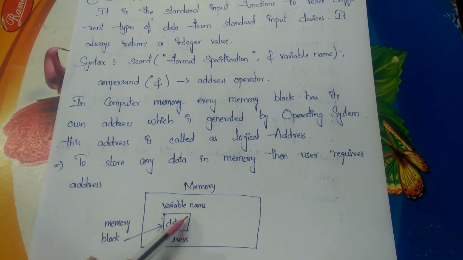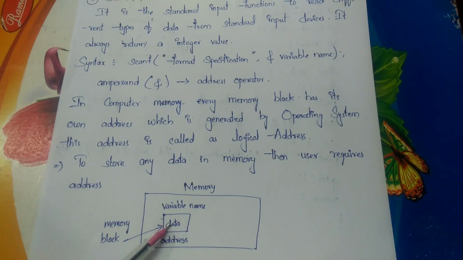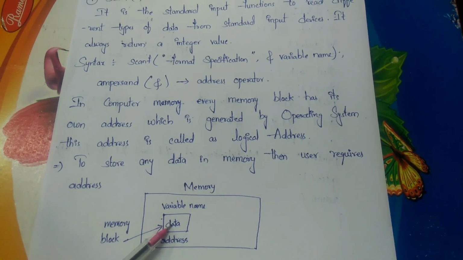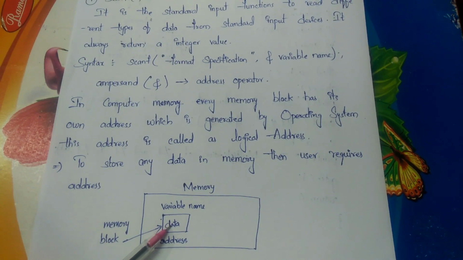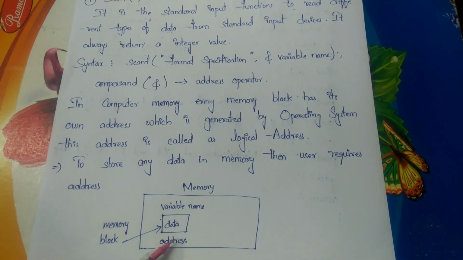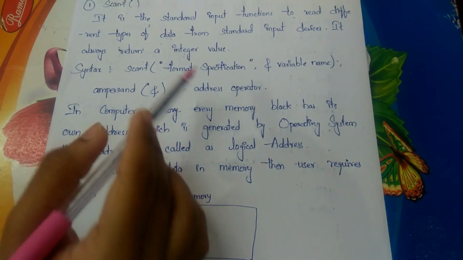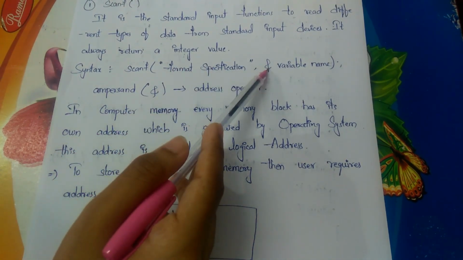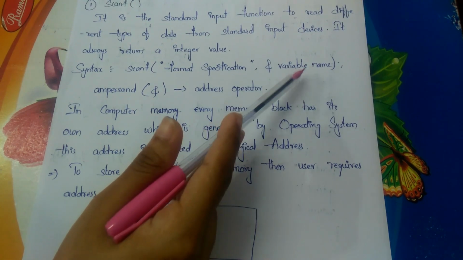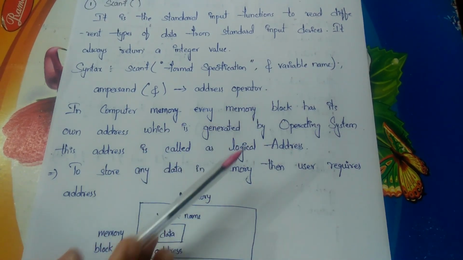For each data it takes some memory, depending on the data type, and it also has an address. So in scanf we use the format specification and the ampersand, the address operator, followed by the variable. This is the syntax for scanf.